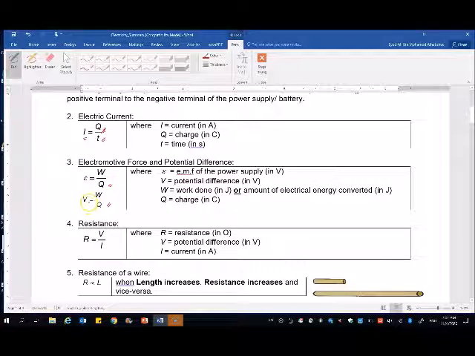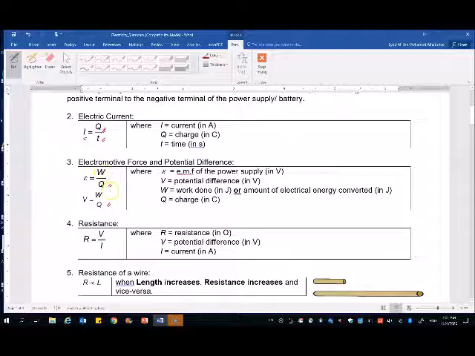Potential difference refers to the work done needed to push the unit charge through a component in the circuit. So EMF refers to your batteries and your power source, while potential difference refers to the components in your circuit, like your resistors and your light bulb and so on.